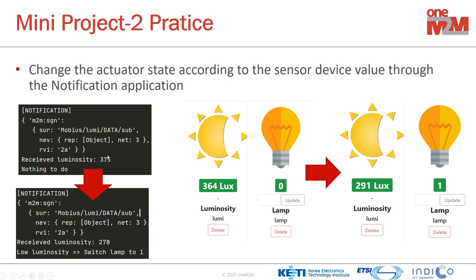We get the value and parse it out, and since this is over 300 we do nothing, and when it becomes lower than 300, then the room is dark, for example, so we switch the status into 1 to turn it on.